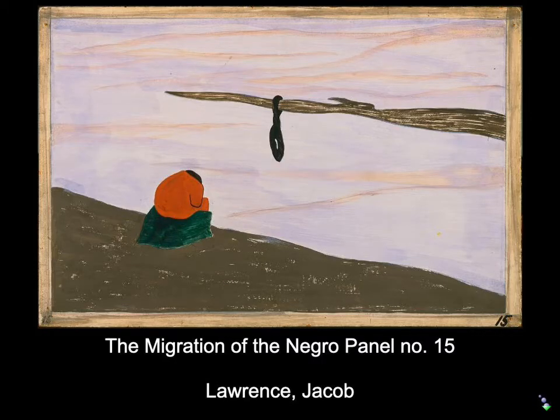Here is another panel, number 15 from the Migration series. And you begin to see the range of his compositions and his mood and his tone. So here he portrays just a single lone figure huddled over in despair on the banks of a river. The river, often a sense of water, of escape, of what you cross to get away.